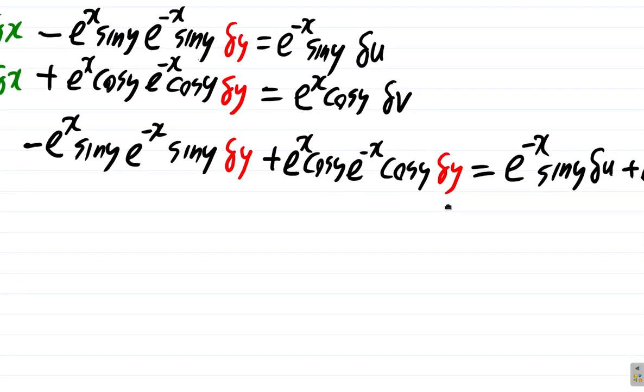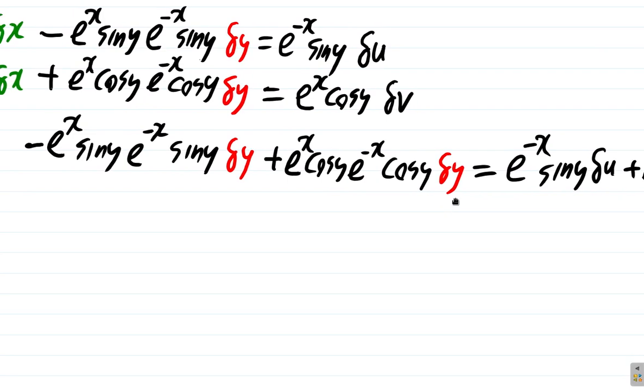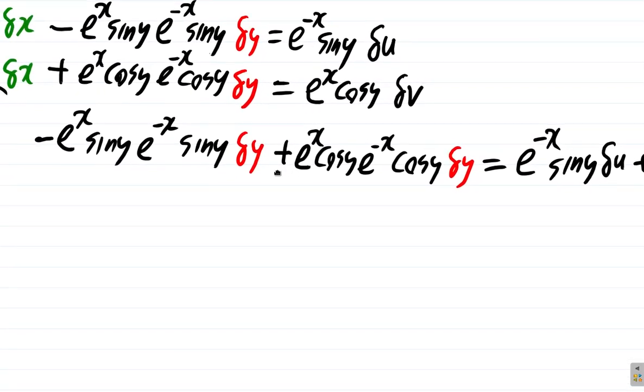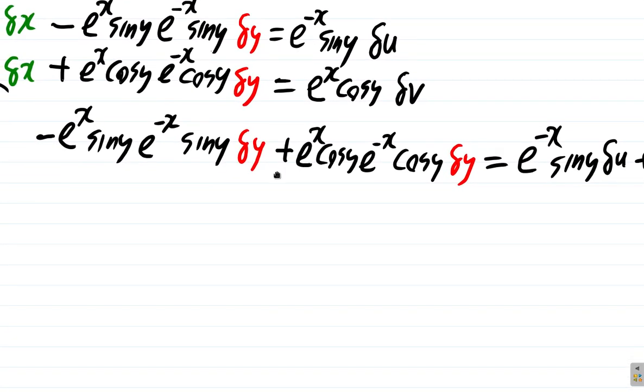Now, let's see how this part will go. Let's rearrange this. Let's put this part first. This is e to the x by e to the negative x. See them here?